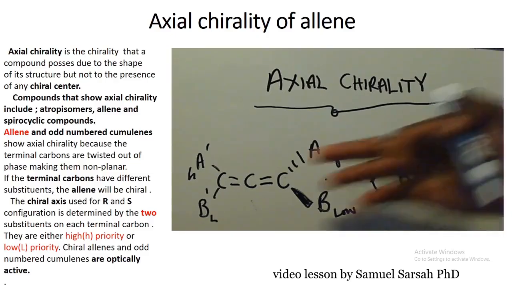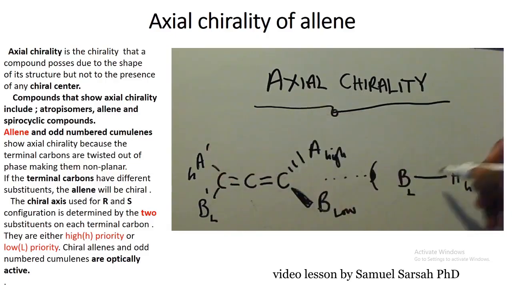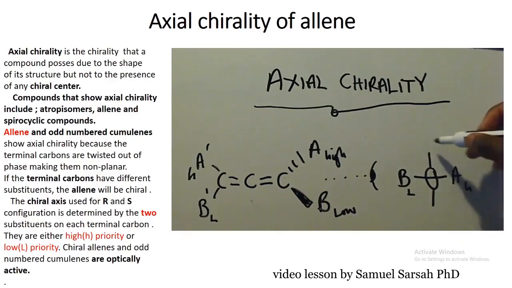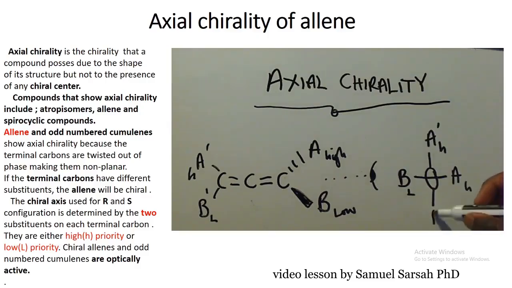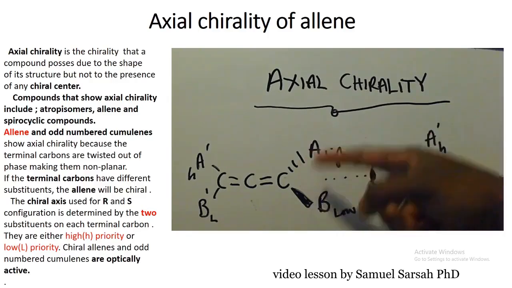And then behind it will be A prime, B prime. Now in that case, A prime will be above, and B prime will be down. Now the H and the L stand for high priority and lower priority on each carbon.